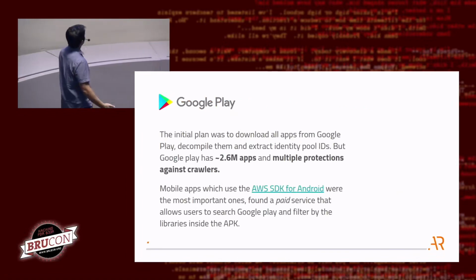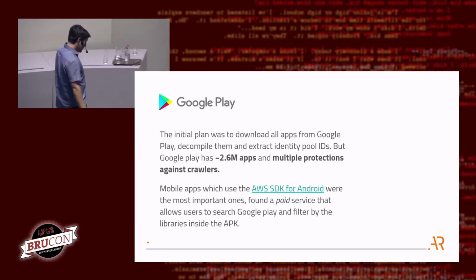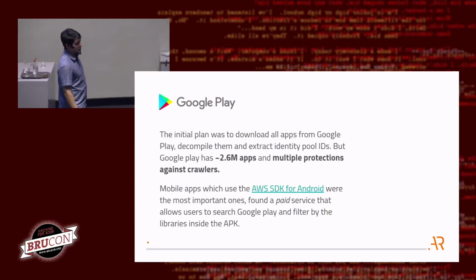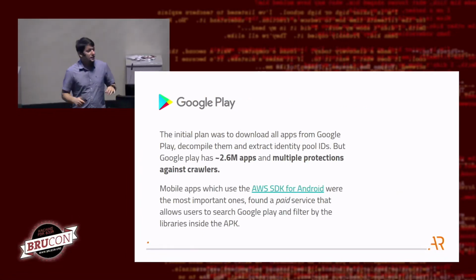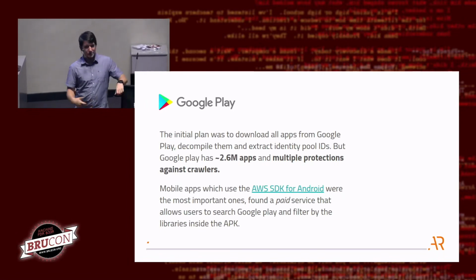The thing is that Google Play has 2.6 million applications. At the beginning I said, I know programming. I'm going to automate the whole process. I will download the 2.6 million applications.